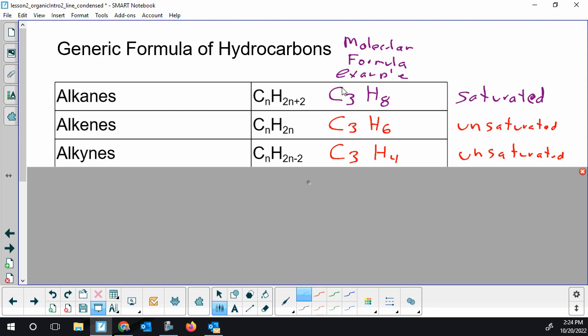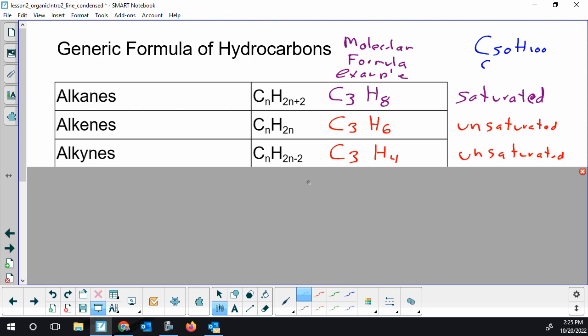So maybe I want to test your knowledge of this. I give you a C50H100. Okay. You can tell what family that is. You certainly wouldn't want to draw it. Okay. C50, that's going to take you a while. Put in 100 H's. Maybe takes you 15 minutes to draw it. Total waste of your time. You'd want to think of the pattern.